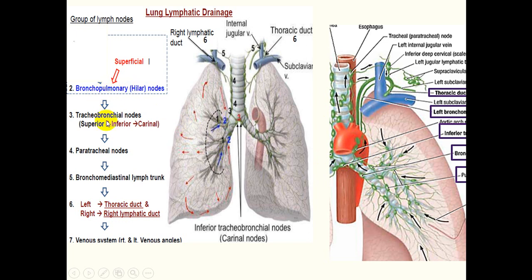From there onwards, the rest of the pathway is the same as that of the superficial. This is going to drain into tracheobronchial, then into the paratracheal, and finally into the thoracic and right lymphatic ducts.